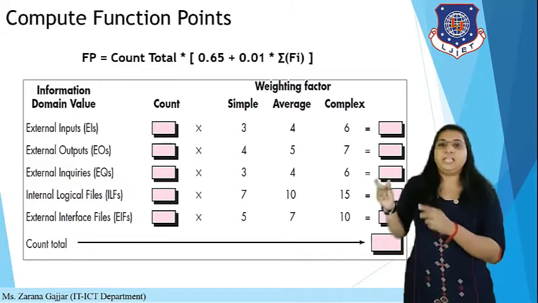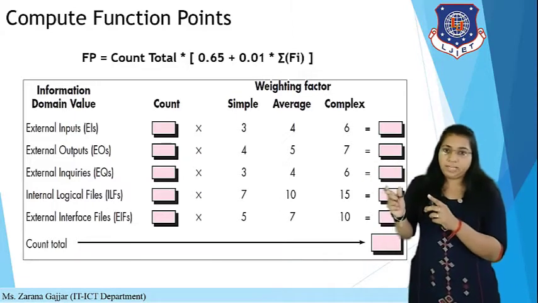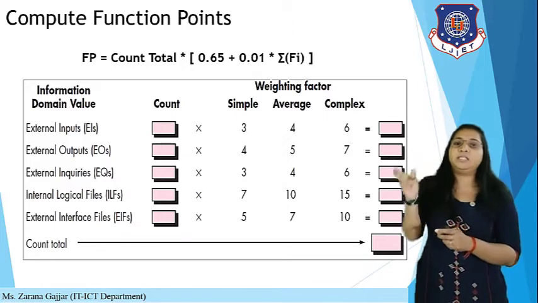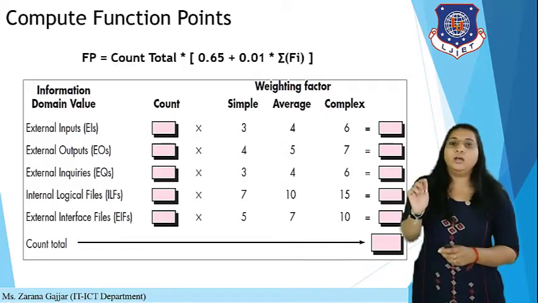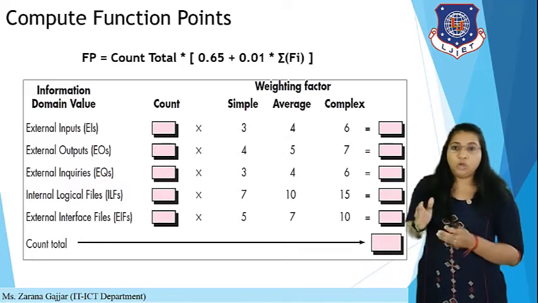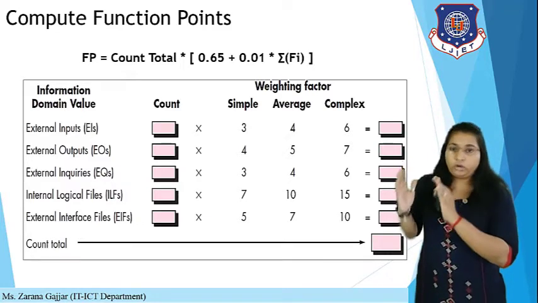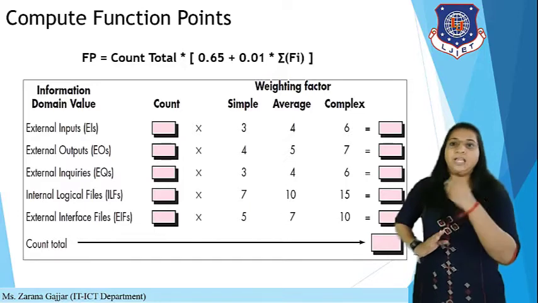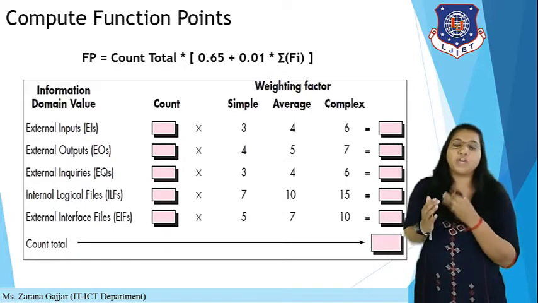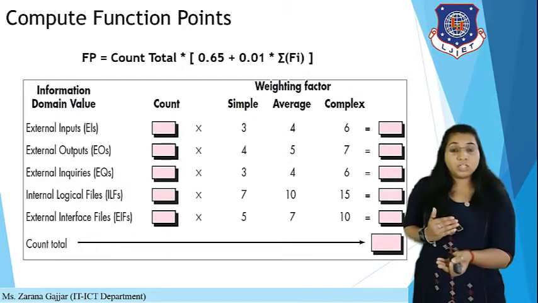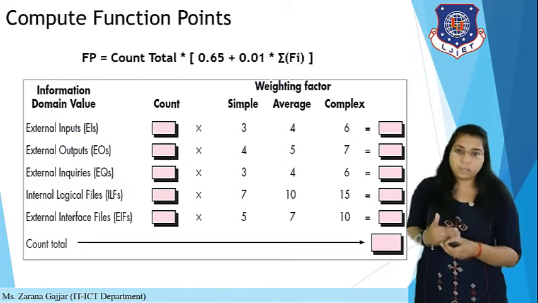Here UFP is the count total, multiplied by the remaining part, that means 0.65 plus 0.01 times the summation of the value adjustment factors. So here you will give some input, like the count of external inputs, external outputs, external inquiries, internal logical files and external interface files.